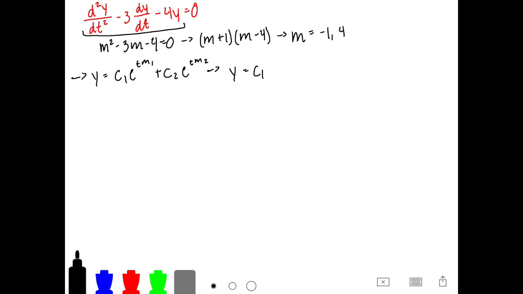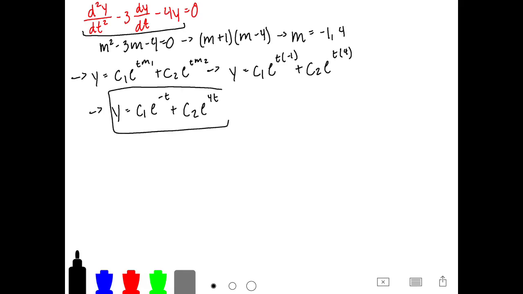And then you will plug in the m's by multiplying it by the t. And then you're left with y equals C1 e to the negative t plus C2 e to 4t. And that is your answer.